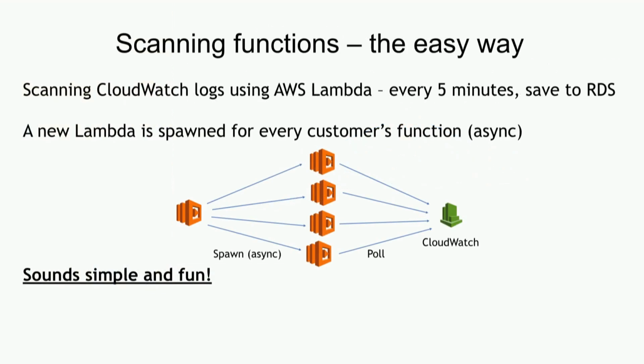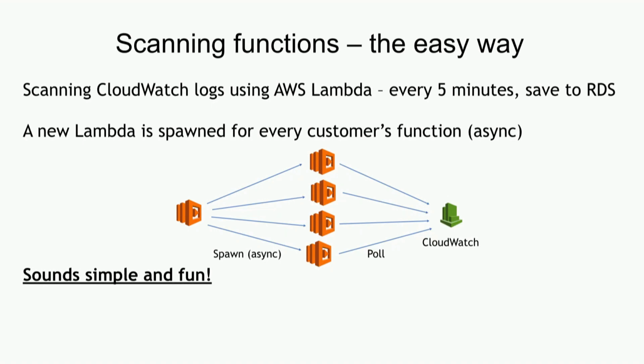What this Lambda function was doing was the monitoring on Epsagon. We do two things. First, we instrument the code of our customers and we send the traces, but we also scan the CloudWatch logs. By scanning the CloudWatch logs, we can get a lot of other data, like the memory usage, the time usage, how many invocations, and get data about functions that are not instrumented.